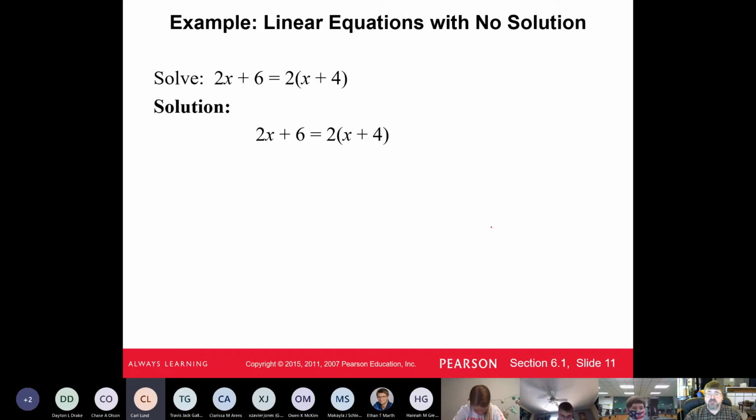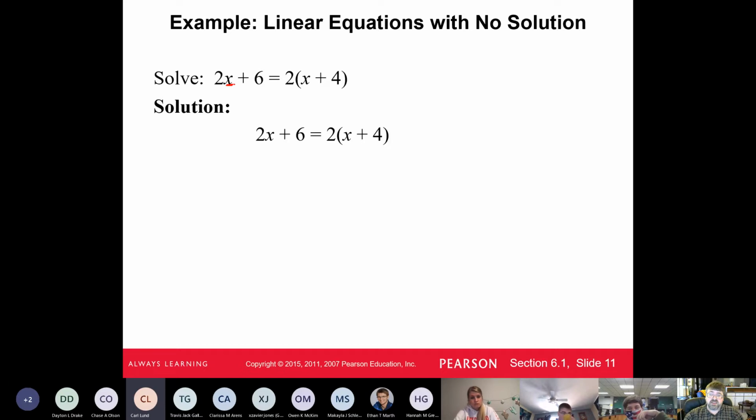But first, I want to talk about linear equations that do not have a solution. For linear equations, you'll always get one of three cases. Case number one is the most common. In case number one, there will be exactly one solution. And again, far and away the most common. Case number two is what we're going to talk about here. Case number two means there is no solution.